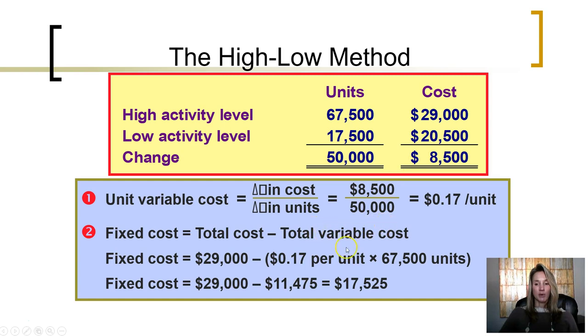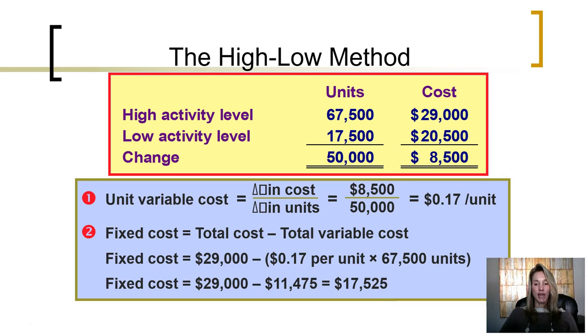The total variable cost is going to be the per unit variable cost times the number of units produced at that cost. In doing so, we can take the total cost, subtract out the variable portion of the cost to figure out how much of the cost is fixed.